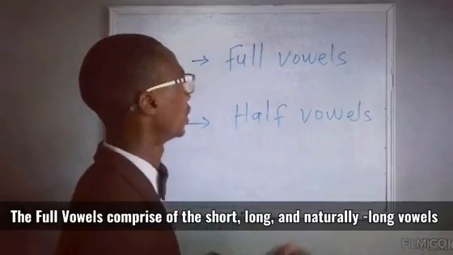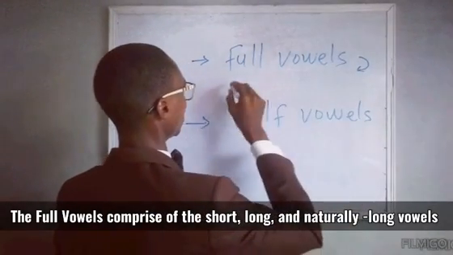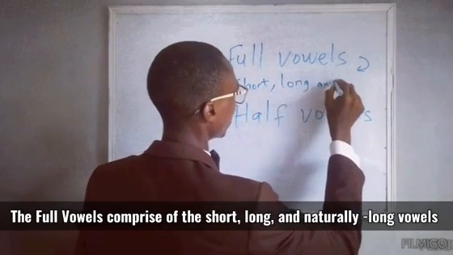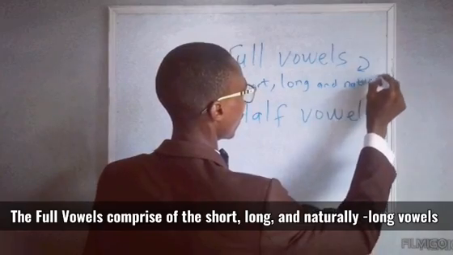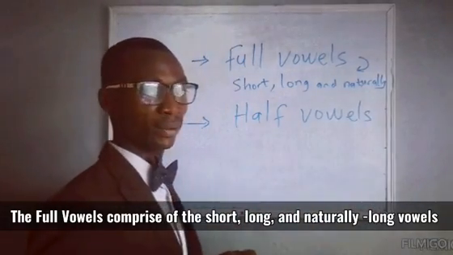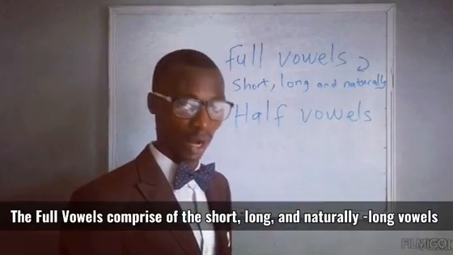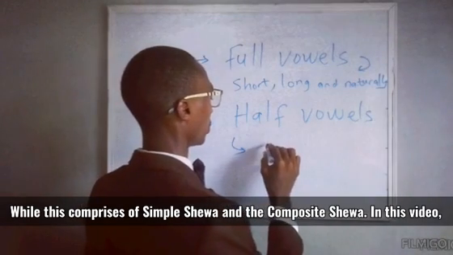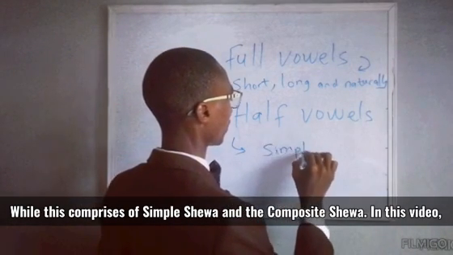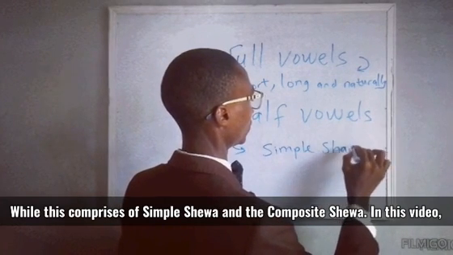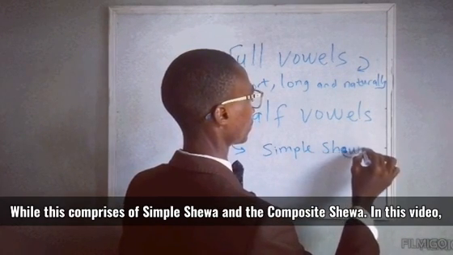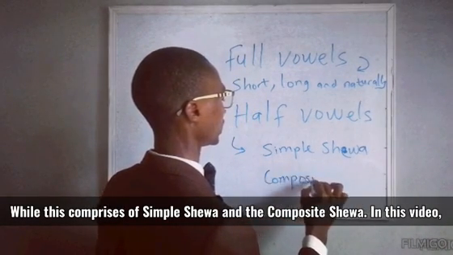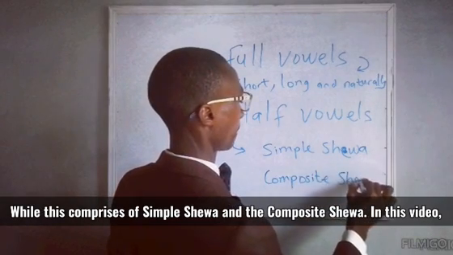The full vowels comprise the short, long, and naturally long vowels, while the half vowels comprise the simple sheva, or shewa, and the composite shewa.